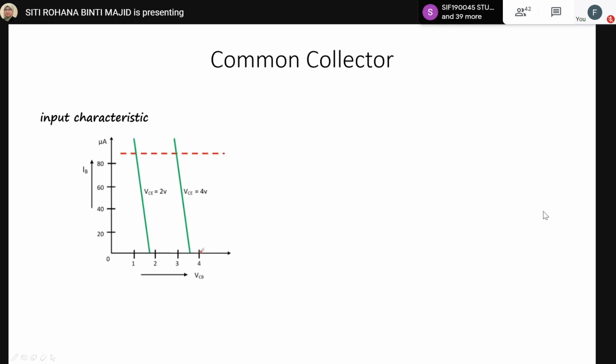So we can notice that the input voltage VBC or VCB is largely determined by VCE. We have a different value of VCE here, so this curve, IB versus VCB, will be determined by the value of VCE applied to the BJT.